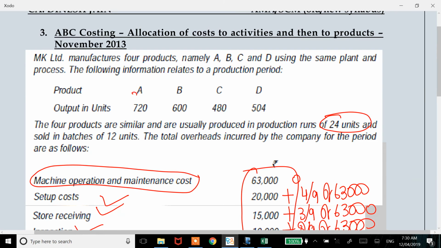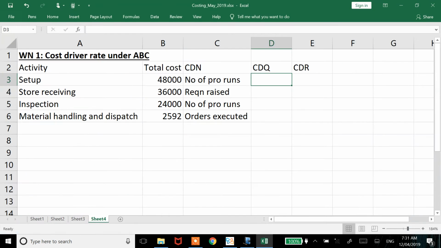So this is 720 divided by 24, 600 divided by 24, 480 divided by 24, 504 divided by 24, and you will add them. Or you add up all and then divide by 24. Net, I'll get to the overall production runs: 96.